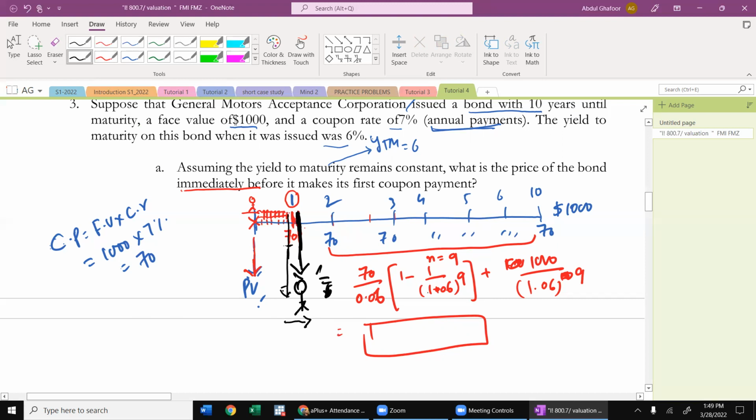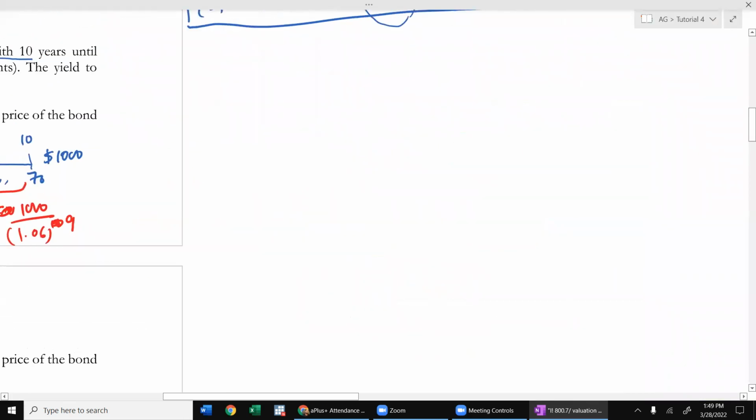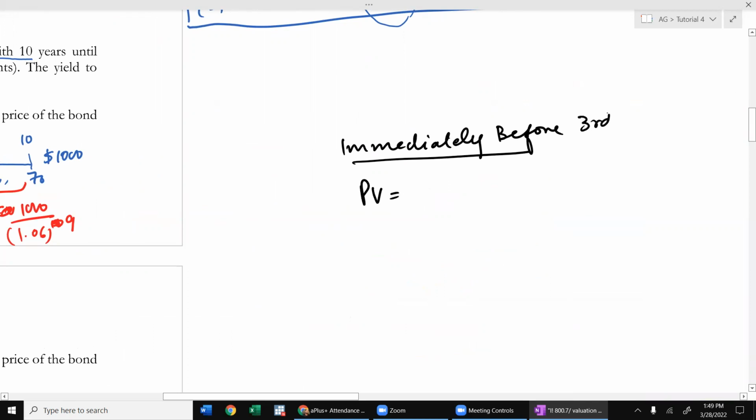So other things will remain the same. In other words, if I write the formula for this concept, I will write it immediately before. What will I do? Present value is equal to, let's say before the third payment, instead of 1, I'm using the third payment.